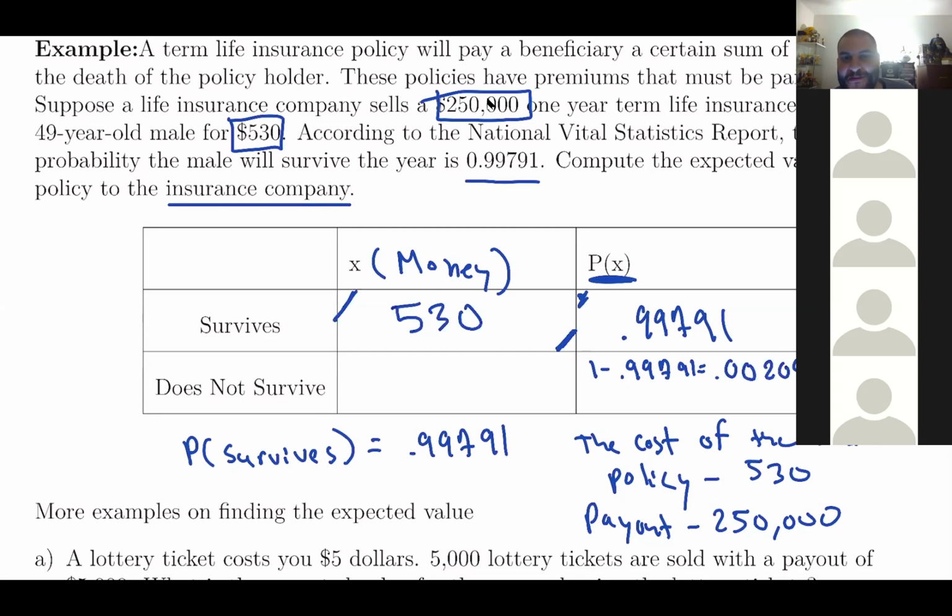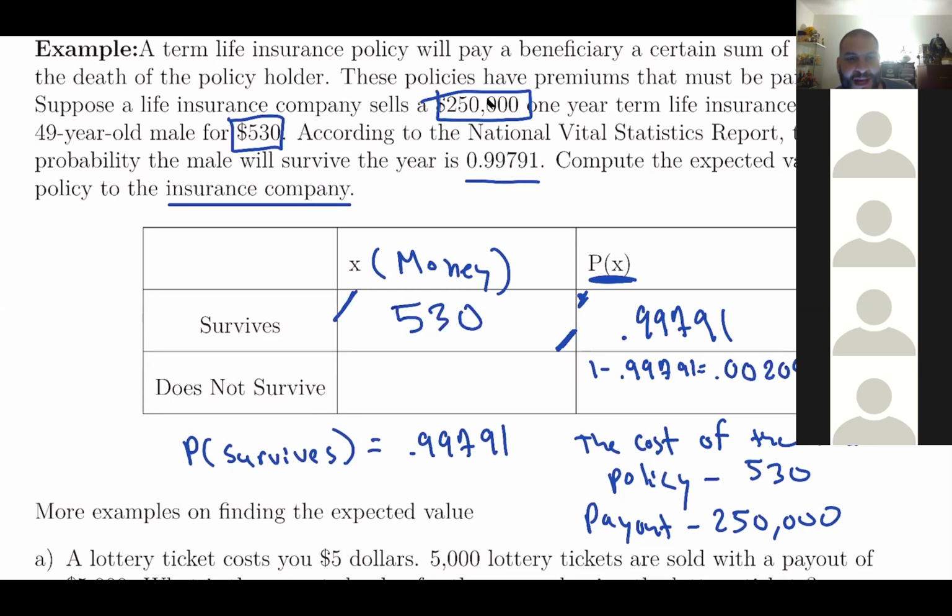So for this one, you take it as is: 530, and you have the life insurance for the entire year. Everybody good with 530 for survive?